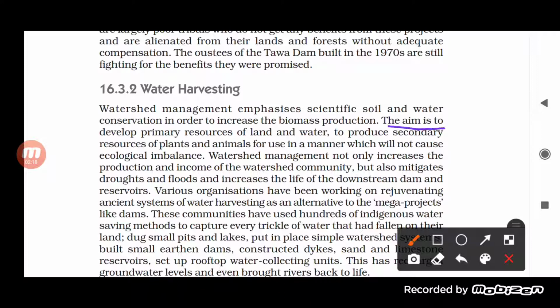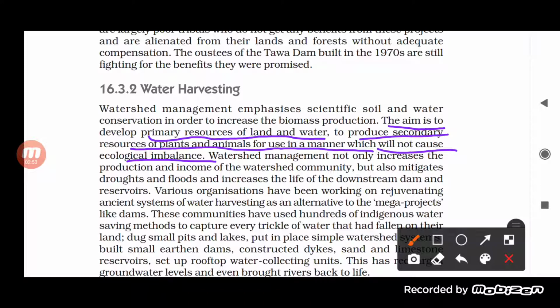Its aim is to develop primary resources and also to produce the secondary resources of plant and animal for use in a manner which does not cause ecological imbalance. So basically its role is to provide the primary resources of land and water, as well as secondary resources of plant and animal for their use in future also.